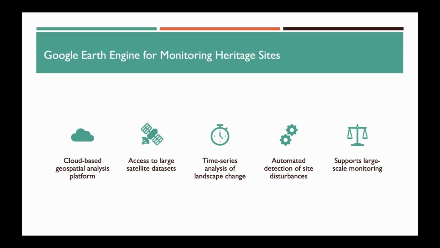Unlike traditional GIS, it allows us to process and analyze large amounts of data without needing high performance local computers. One of its key strengths is time series analysis. This enables us to track change in landscapes over time, which is particularly useful for identifying gradual or sudden impacts on heritage sites.